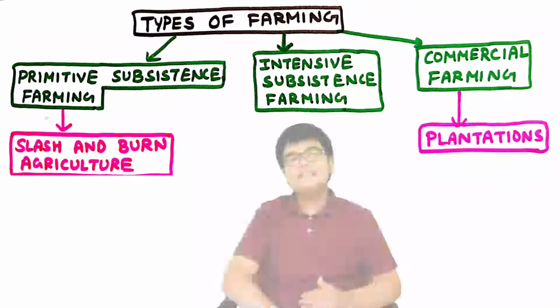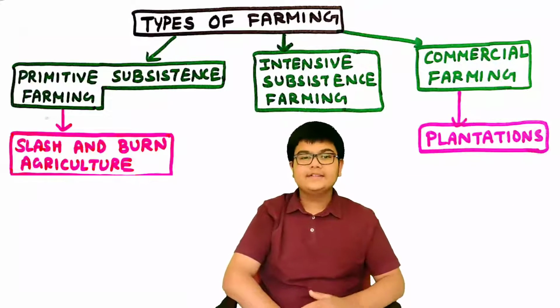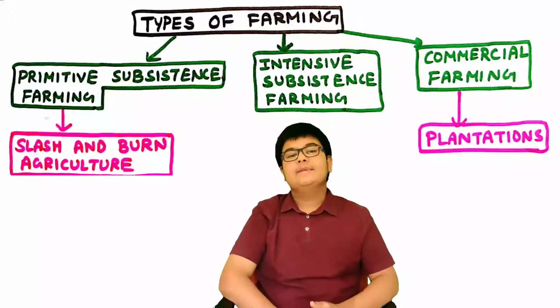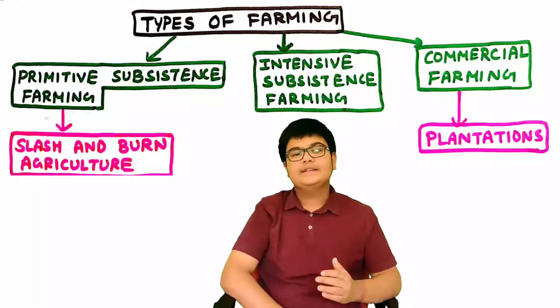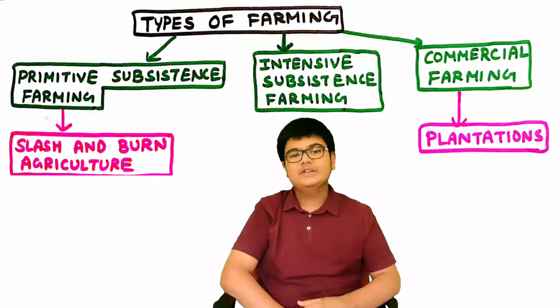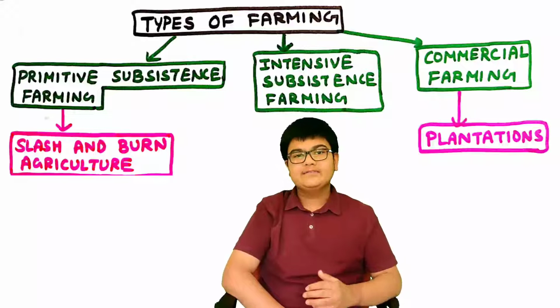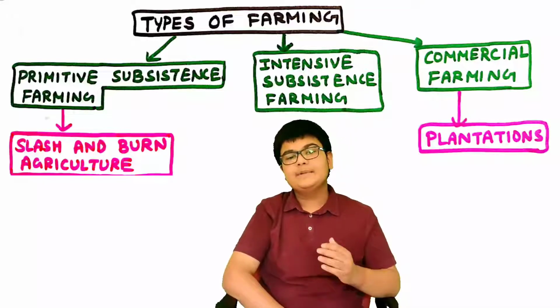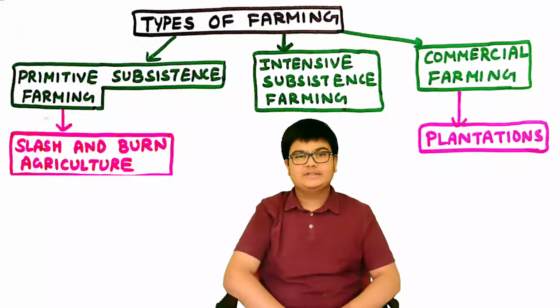So based on these differences in all these factors, we have three different types of farming. The first is primitive subsistence farming, in which we will study a type that is slash and burn agriculture. Second is intensive subsistence farming, and the third is commercial farming, and its subtype is plantations.